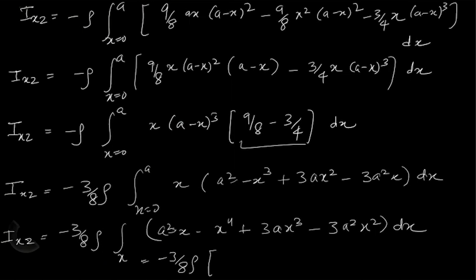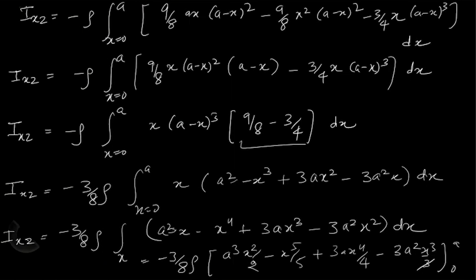So let's integrate with x now. So this is minus 3 over 8 rho. So this is a cube x square over 2 minus x^5 over 5 plus 3a x^4 over 4 minus 3a square x cube over 3. So we can cancel this 3. So 0 to a. Let's put the limits.